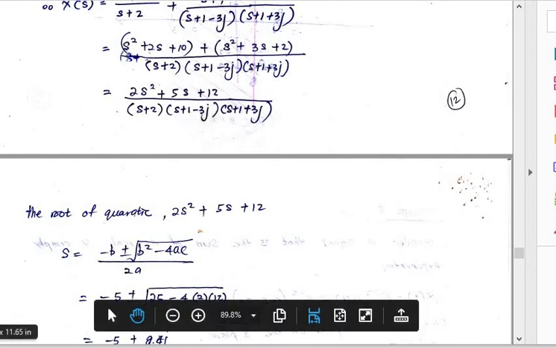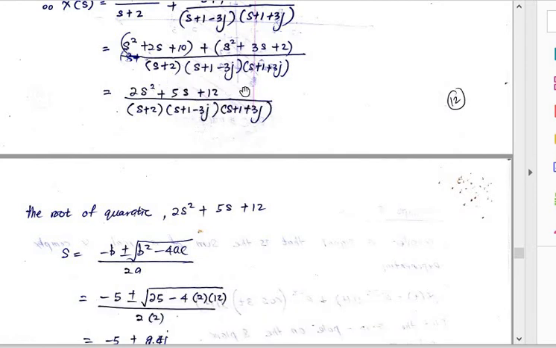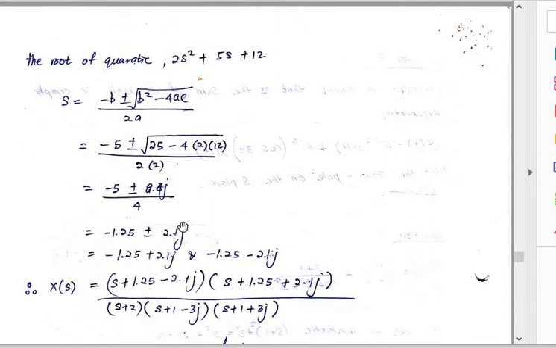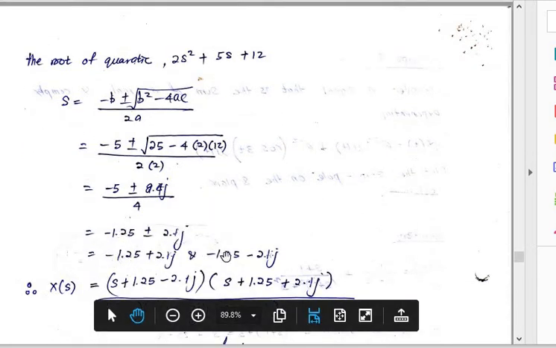With this value we are still unable to plot the poles and zeros. So we must solve this quadratic for the numerator part first. Again we solve it and get the values here.